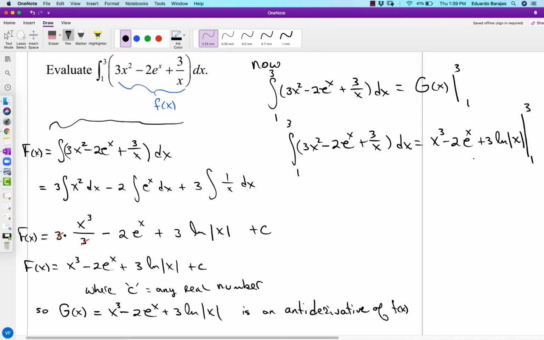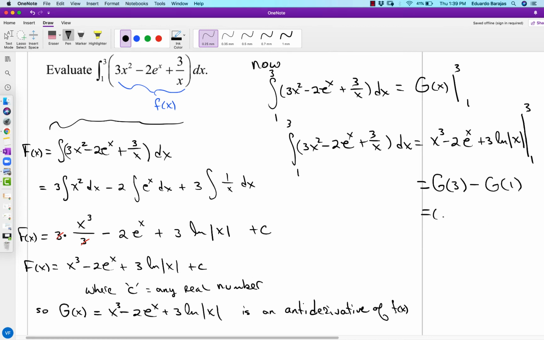This notation means that we're going to plug in a 3 into all these x's and then subtract a new function where we plug in a 1 into all of these functions. So this is equal to g of 3 minus g of 1.